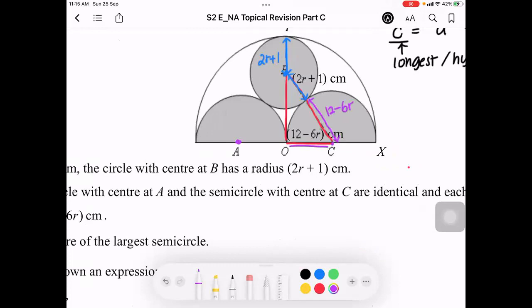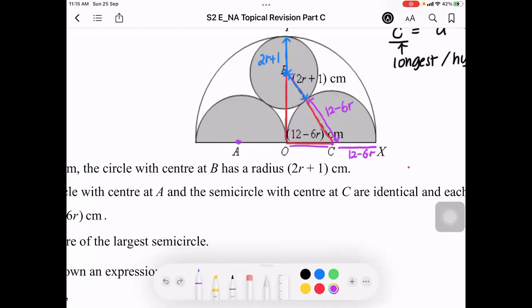Then, if that is the case, where else is 12 minus 6r? This portion is also 12 minus 6r. Okay, and if this whole thing is a radius, this is the radius, this is the radius, turning 360 degrees.